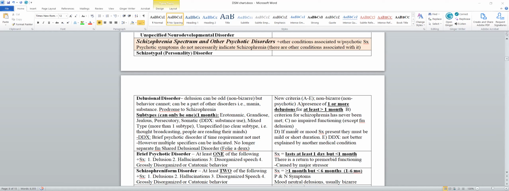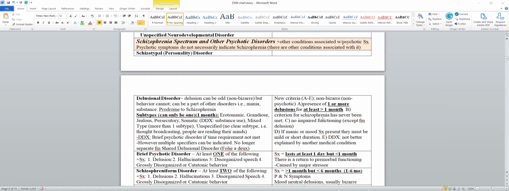So for delusional disorder, the new criteria A through E, non-bizarre, must be present for at least 1 month and must have one or more delusions. There are subtypes. That is criterion A, but the criteria is A through E. So you have that time period.